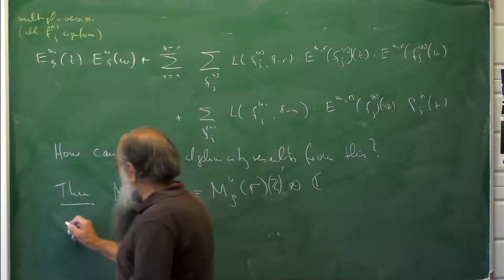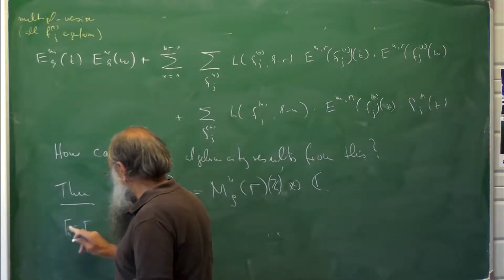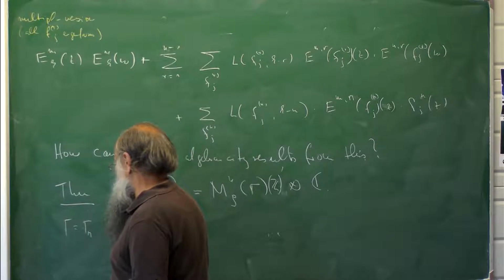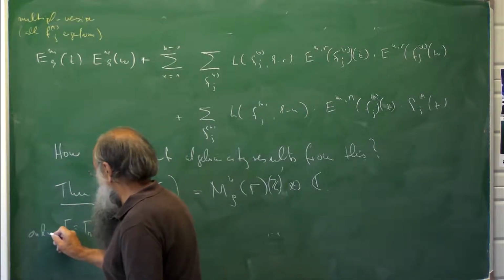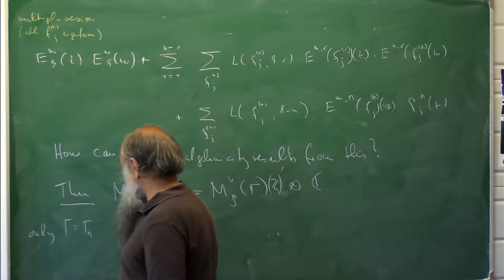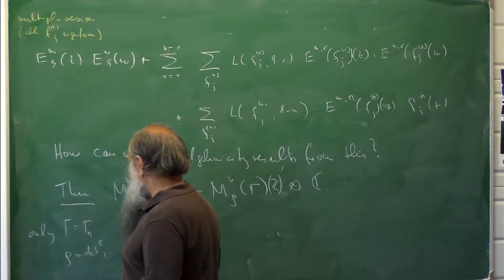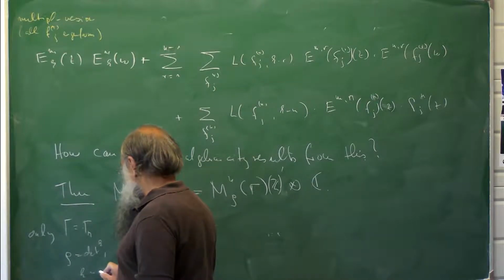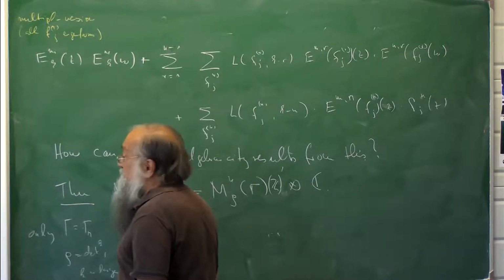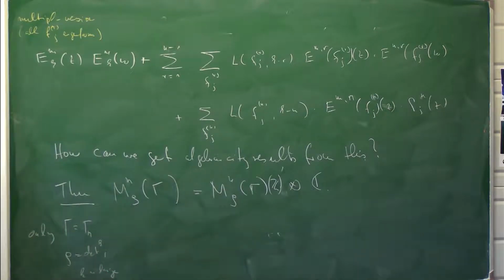Okay, so let's look only at gamma equal to gamma n, rho is just determinant to the k, and k is large, which I should have mentioned before, because this only works if k is bigger than m plus 1 for convergence reasons.